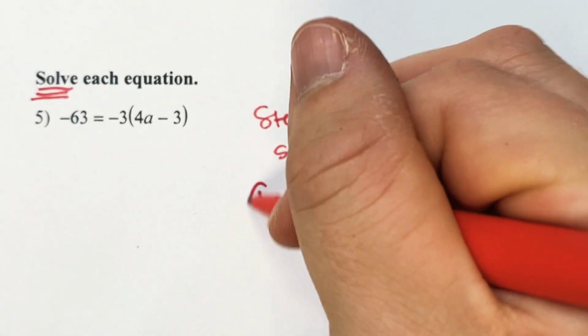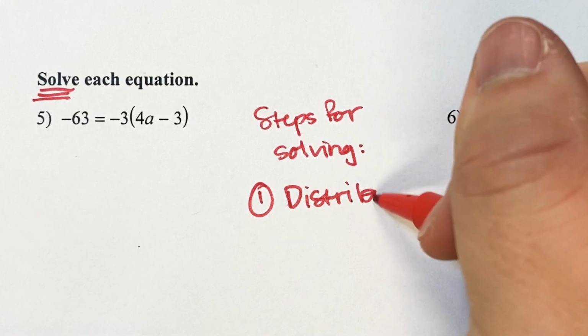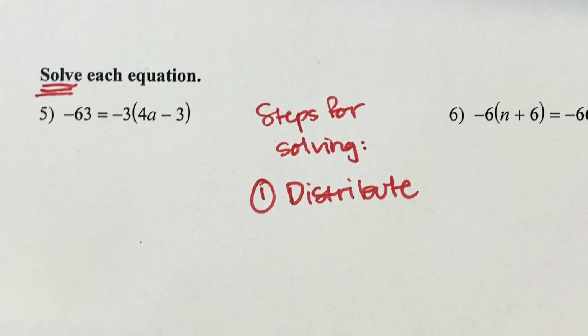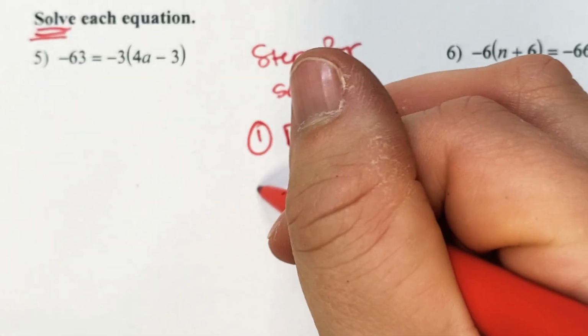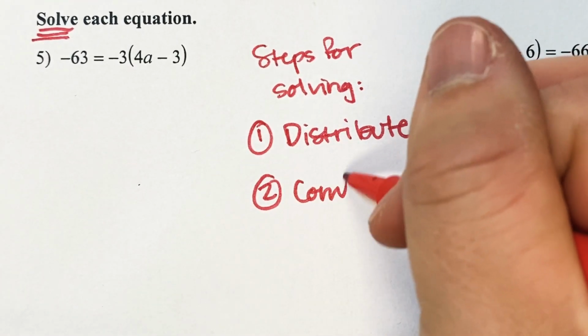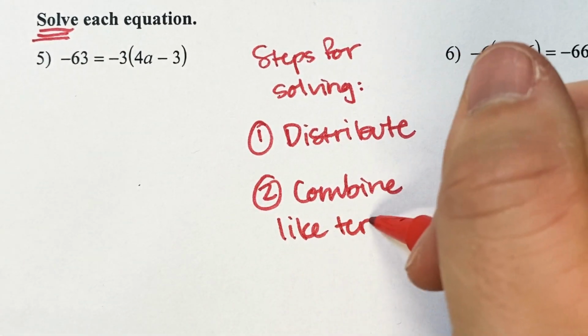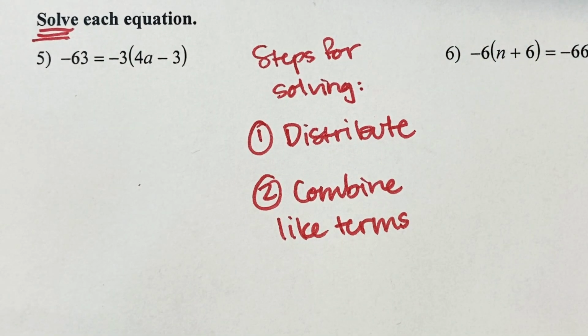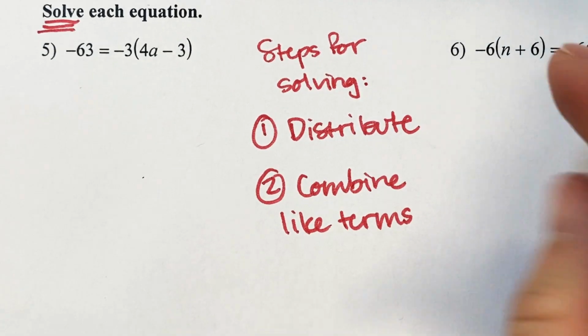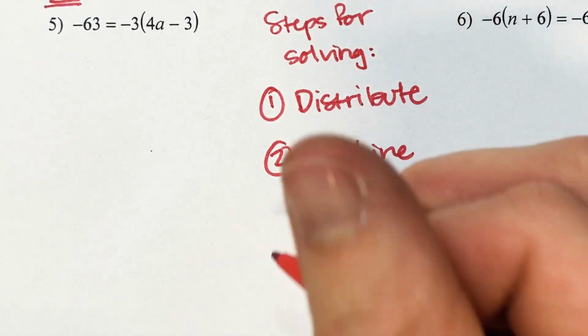Okay, so our first step for solving is going to be to distribute, just like you were doing up top. Okay, our next step is going to be to combine like terms if you have to. You might not have to do the second step on these, but if you have to combine like terms, you need to combine like terms.